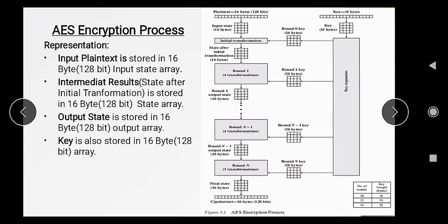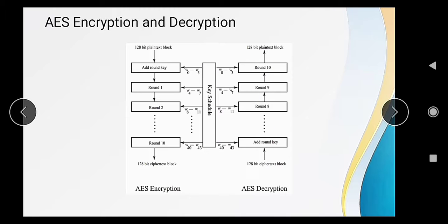And we have total 10 rounds. So the output ciphertext will be generated after the 10 rounds. Again, this is another diagram to understand the AES process. Again we are using the plain text of 128 bits, that is applied to the add round key, and we use the words W0 to W3, the sub keys, applied here.